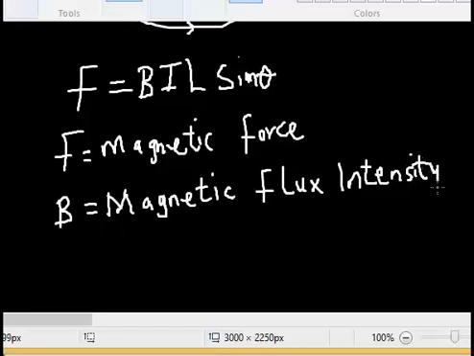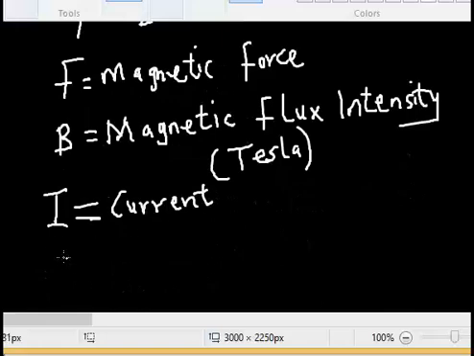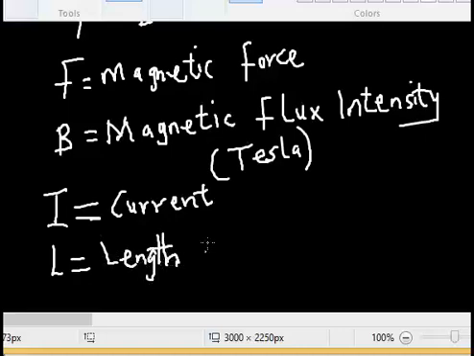And of course it's measured in Tesla. So please take note of that. It's measured in Tesla. The I, of course, you know, that's electric current flowing through the conductor. Then the L is actually the length of the conductor, the length of the wire. Finally, the theta is the angle between the direction of the current and the direction of the magnetic field.